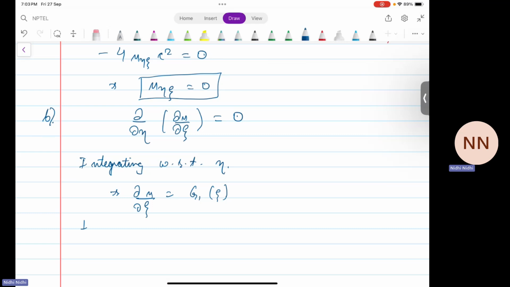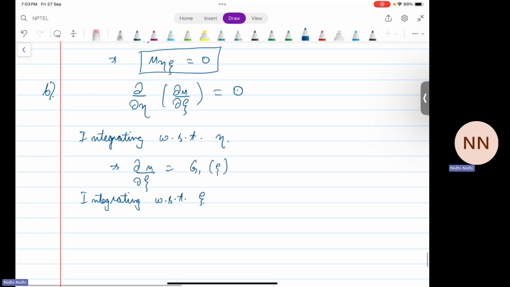And again integrating with respect to zeta, after integrating g1, we will get some other function g. Along with that, instead of an arbitrary constant, we will have an arbitrary function that will depend completely on eta, because again its derivative with respect to zeta will be 0.